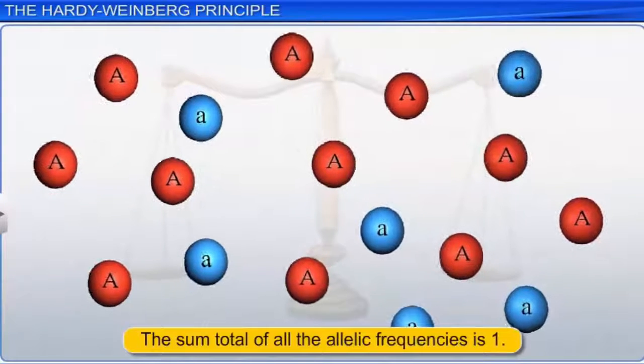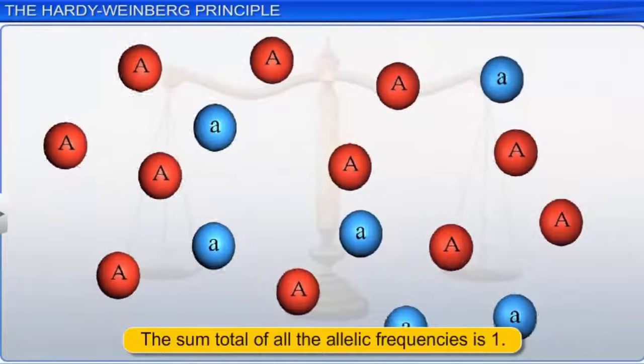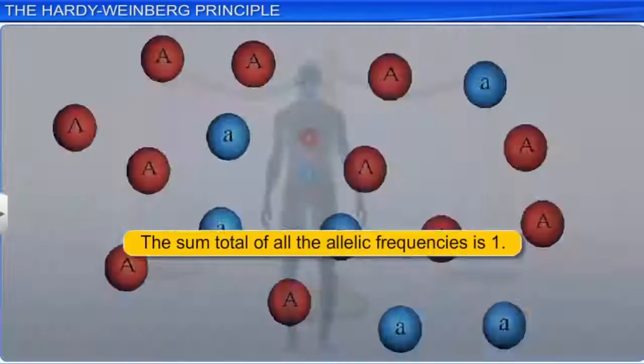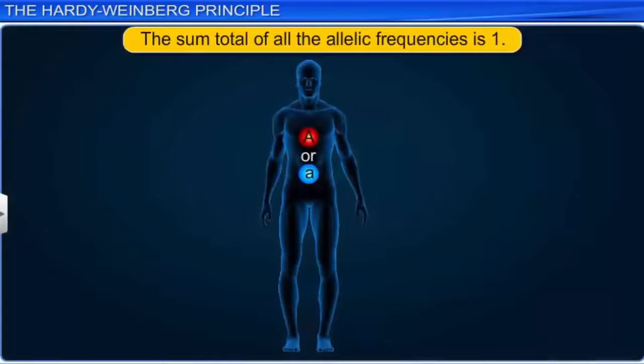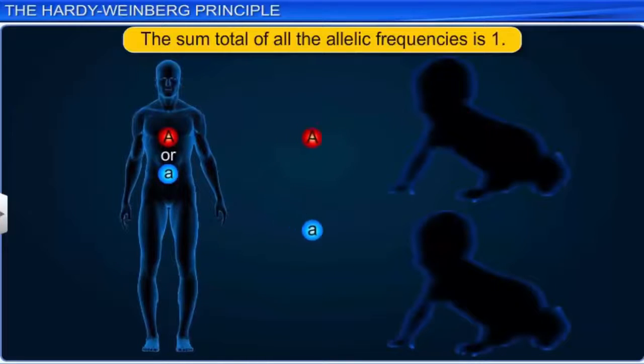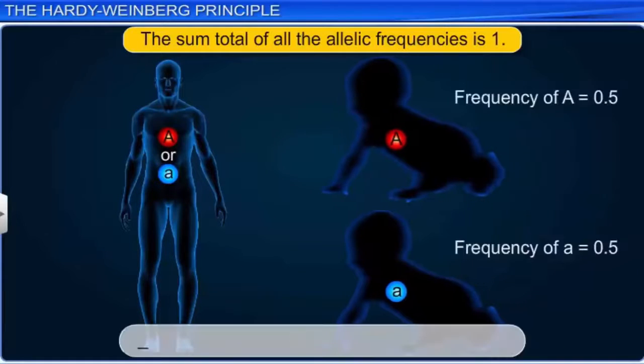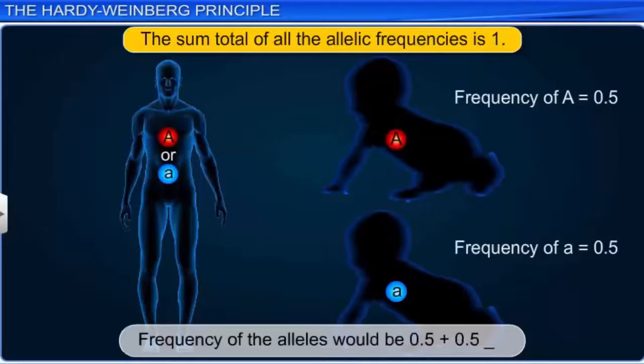The sum total of all the allelic frequencies is 1. Generally, there are two forms of a gene, that is, two alleles for one character. Each of these alleles has an equal chance of getting inherited. Therefore, the frequency of the alleles would be 0.5 plus 0.5, which is equal to 1.